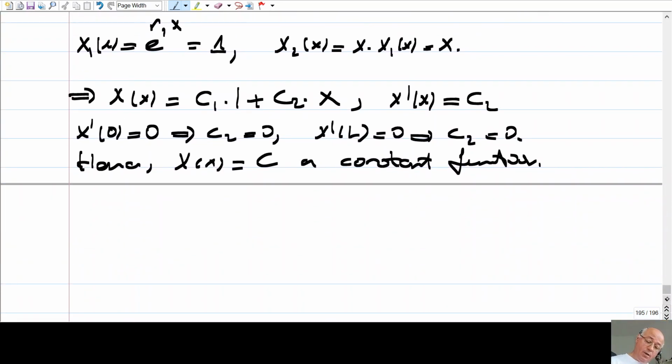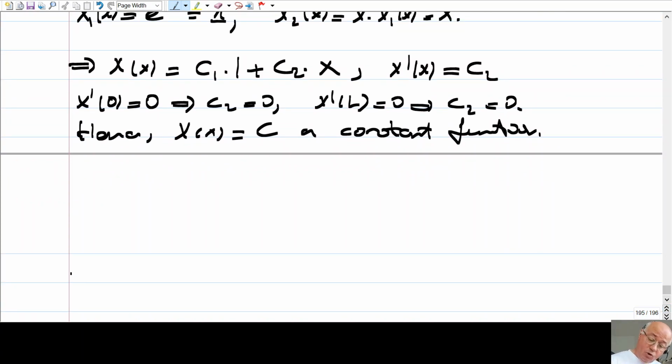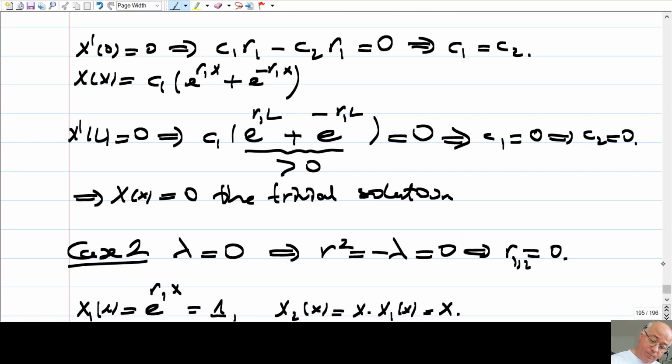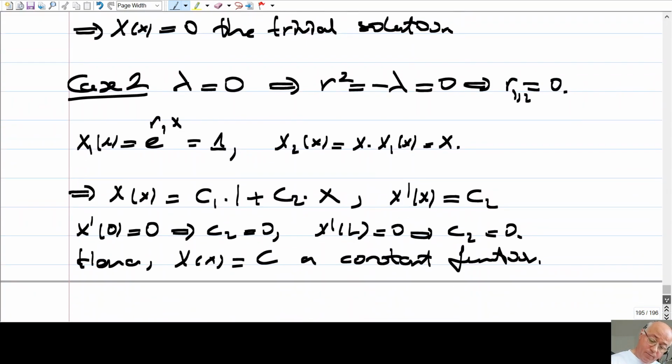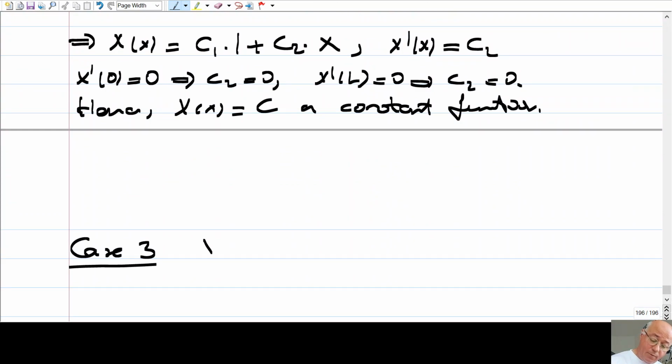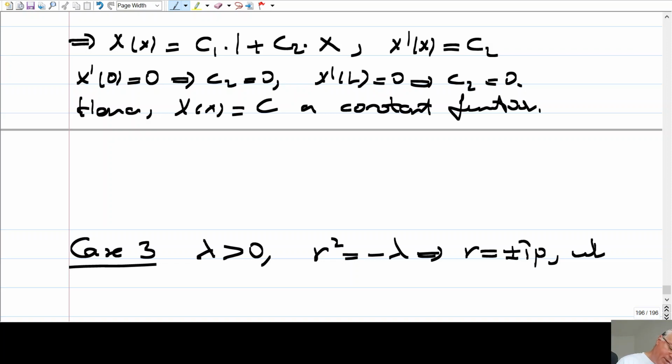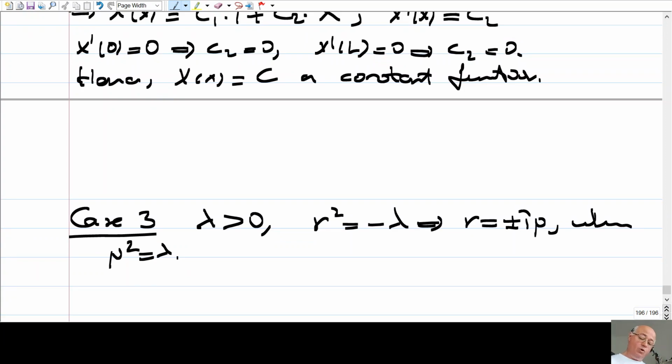All right. And then the third case, lambda is positive, so r squared is minus lambda, and from this we get r is plus or minus i times mu, where mu squared is lambda, right? Because minus lambda is a negative number, its square root is just a purely imaginary number.